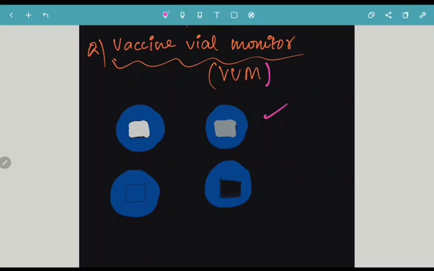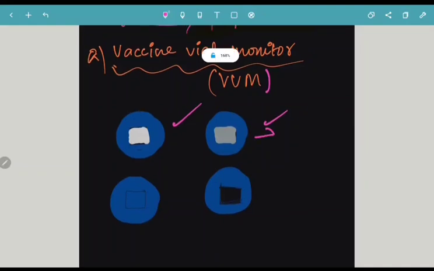If you look at this diagram, this is what I've drawn as the vaccine vial monitor. The first 2 diagrams both are lighter colors, right? What you see inside is a very light color as compared to the outer color. Which means the first two can be used.